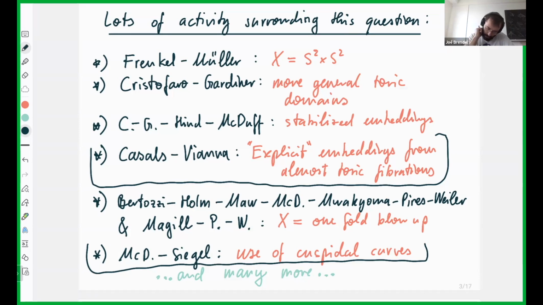And we'll see that our methods of obstructing them is very similar. So we don't use cuspidal curves, but we still draw something in the ATF base diagram. So in this sense, almost toric fibrations are used for the construction as well as the obstruction. And that's what I'll try to explain towards the end of the talk, how that works.